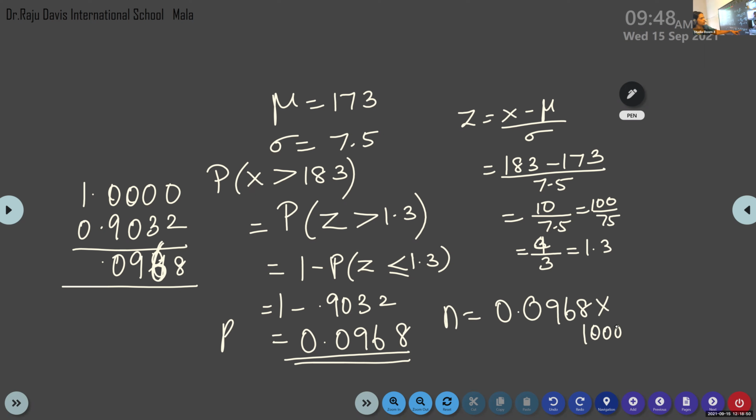Probability into total number. So number of students is, you multiply by 1000, you will get 96.8. You can round it off and write it as 97.